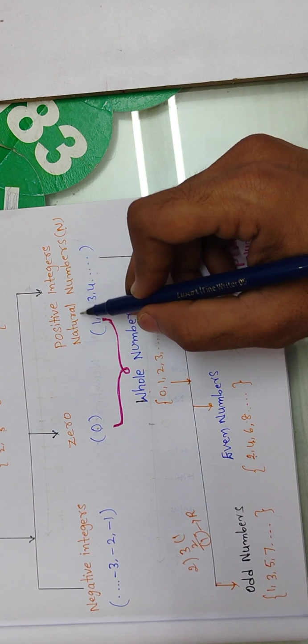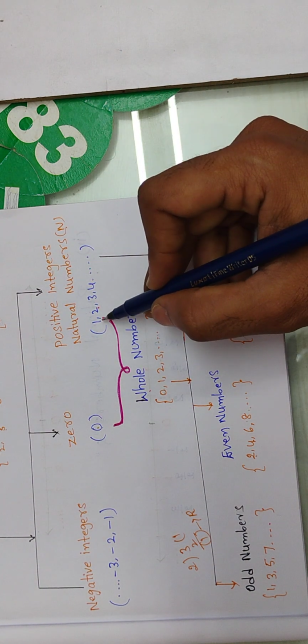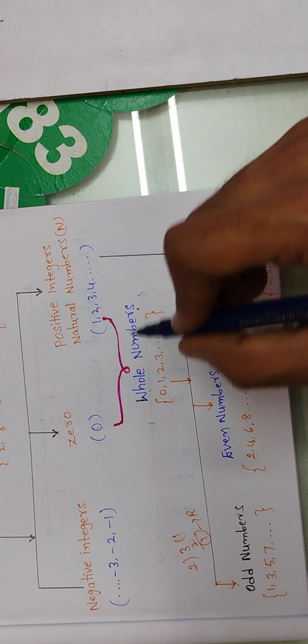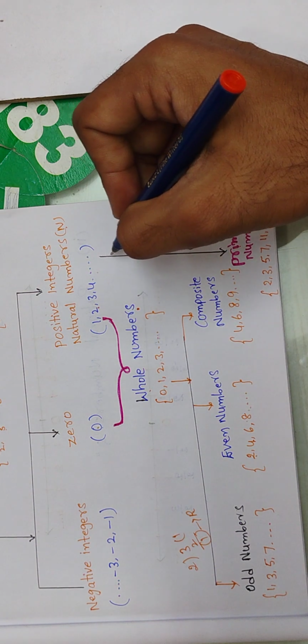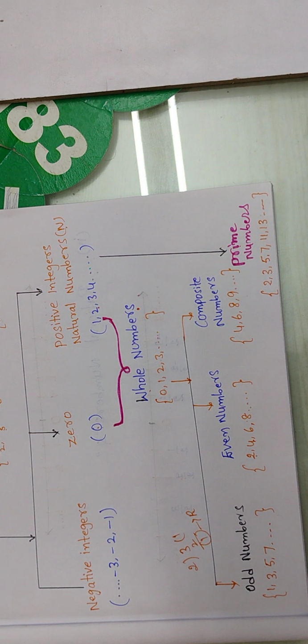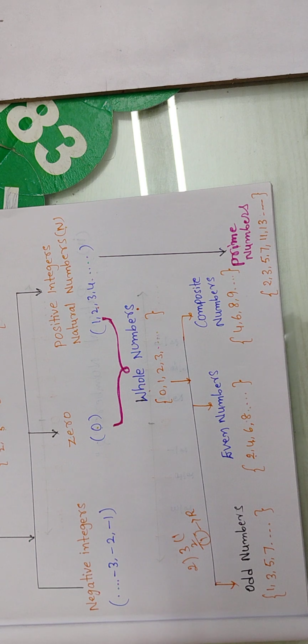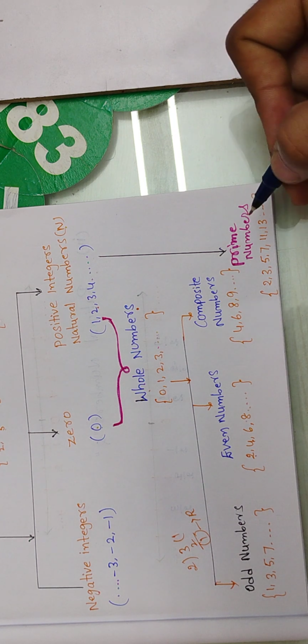Natural numbers, the positive numbers, are also classified into prime numbers. Natural numbers begin from 1, 2, 3, 4 and continue. What are the prime numbers?